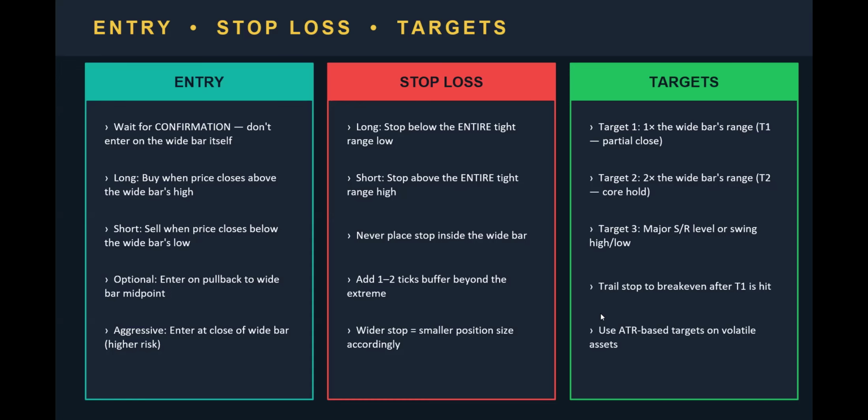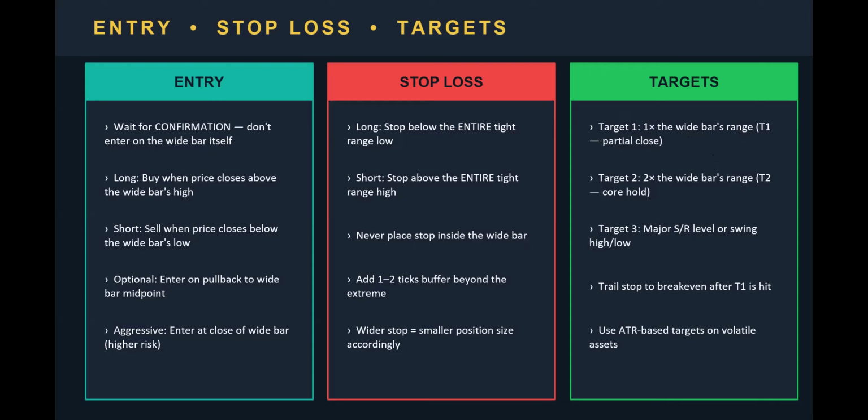Targets. What targets do you expect? Target 1 is 1 times the wide bar range, that is the partial close, then twice, 3 times. Twice the measured move, and sometimes you will get 3 times. Trail stop to break even after target 1 is hit.